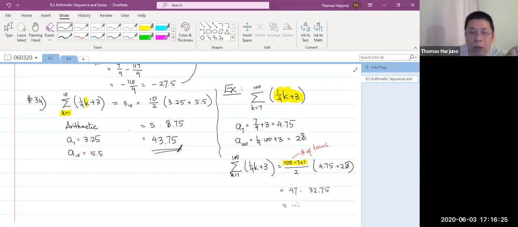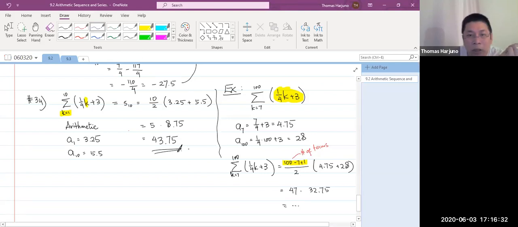When I write this series down, you will see that when k equals 7, it's 4.75 plus 5 plus 5.25. You keep on adding 1/4, right? All the way to 28.